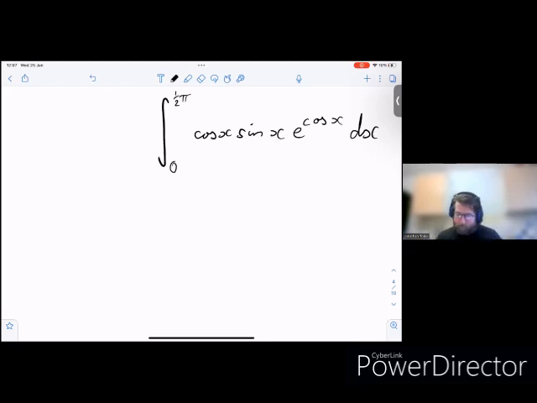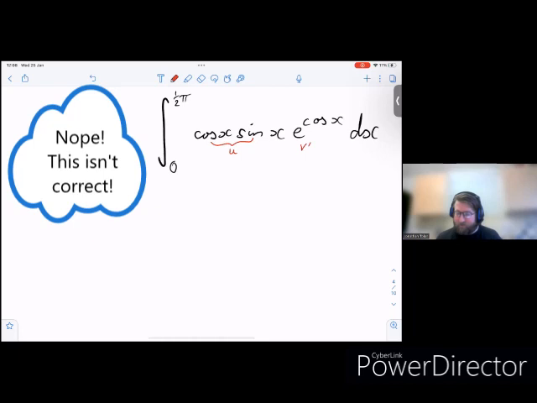Okay, so I can't remember how to do this, so this one's an interesting one. I think we want to assign u to be cos x sine x, and v dash is going to be e to the cos x.